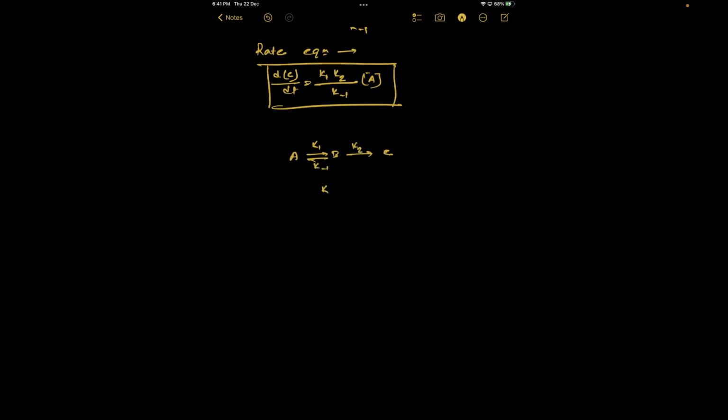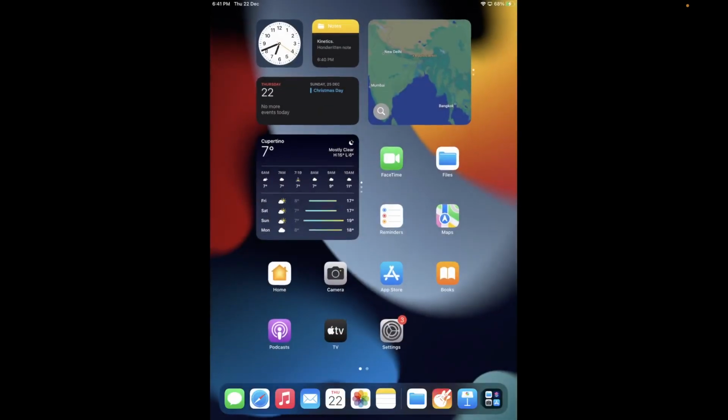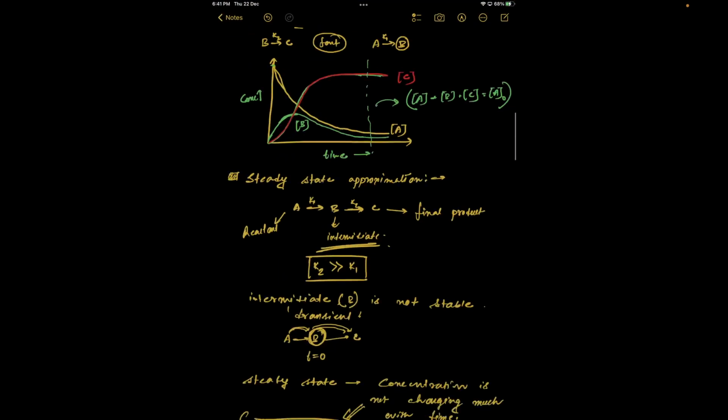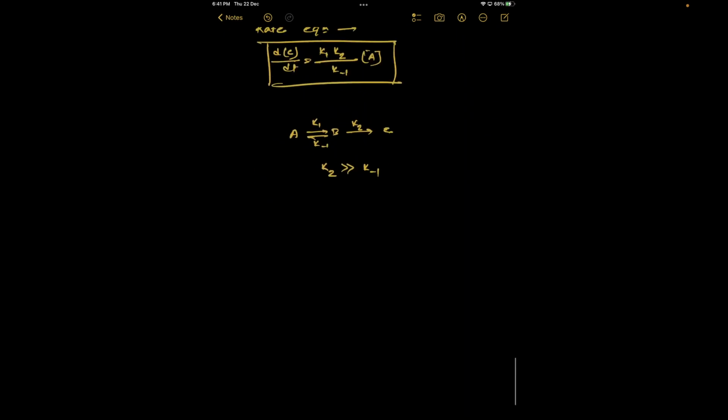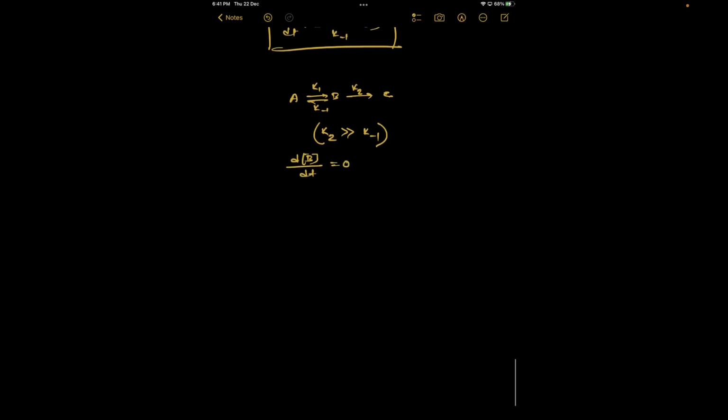Now let's say the condition is K2 is very fast compared to K minus 1. Now with this condition we can apply steady state approximation for intermediate B equal to 0. Now let's first write down each and every rate equation.